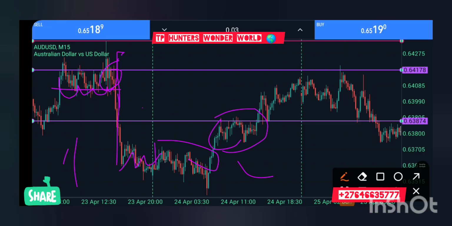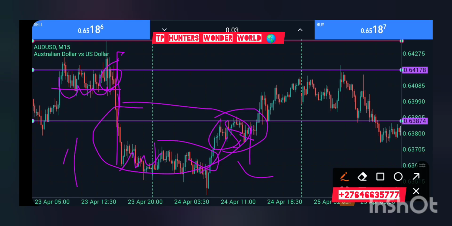Okay, the price comes here, giving you a sell sign, I'm going down, but it's a lie because it has to retest its first breakout. And you know, price will retest the second breakout to fool you before it can retest its first breakout.